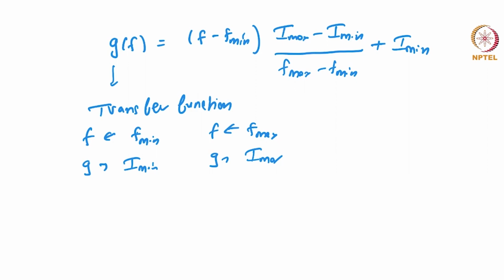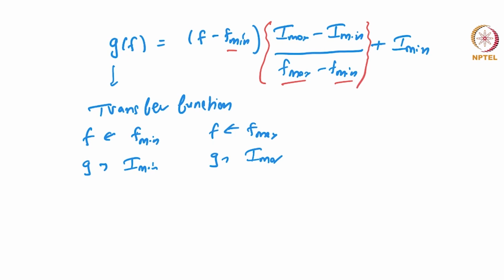Here you are taking every pixel value in F. Of course we are identifying the minimum and the maximum values in F and denoting them as F max and F min, and then you are doing a linear mapping. You can think of this expression as estimating the slope. You're doing a linear fit, using a straight line fit to go from F to G.